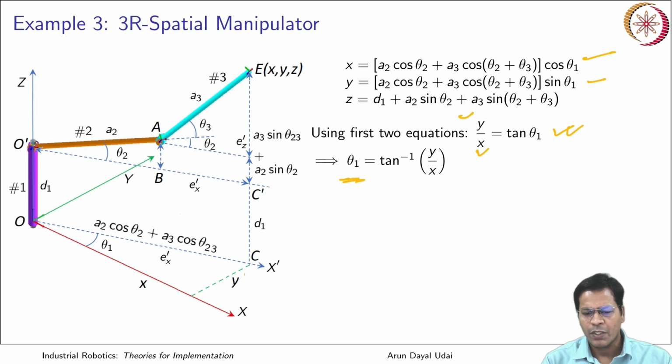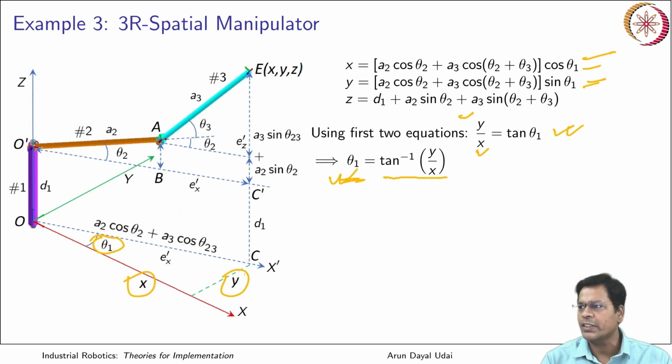So theta 1 can be directly obtained using tan inverse of Y by X. You can see from here also, if this is theta 1 and it is Y by X, then tan inverse of Y by X should be your theta 1. So you have obtained theta 1. Now you know theta 1 straight away.